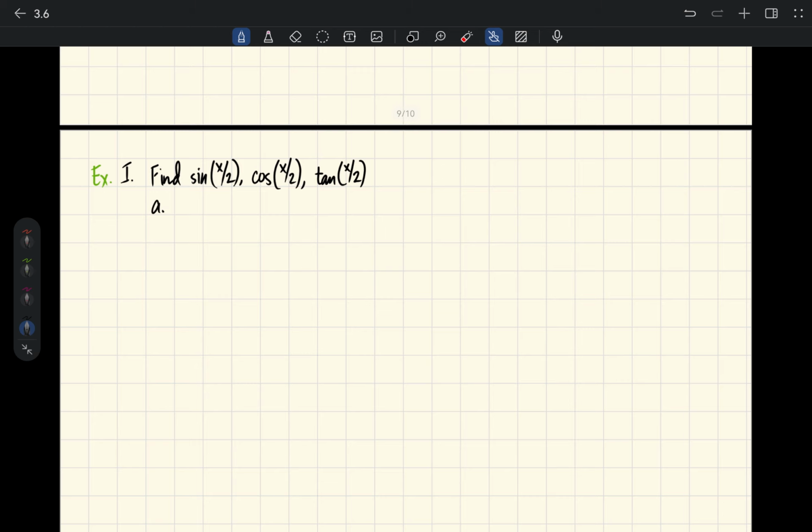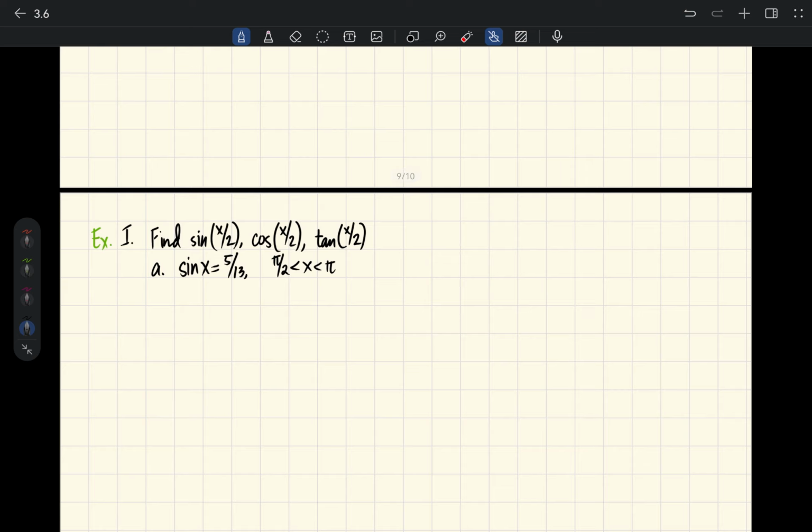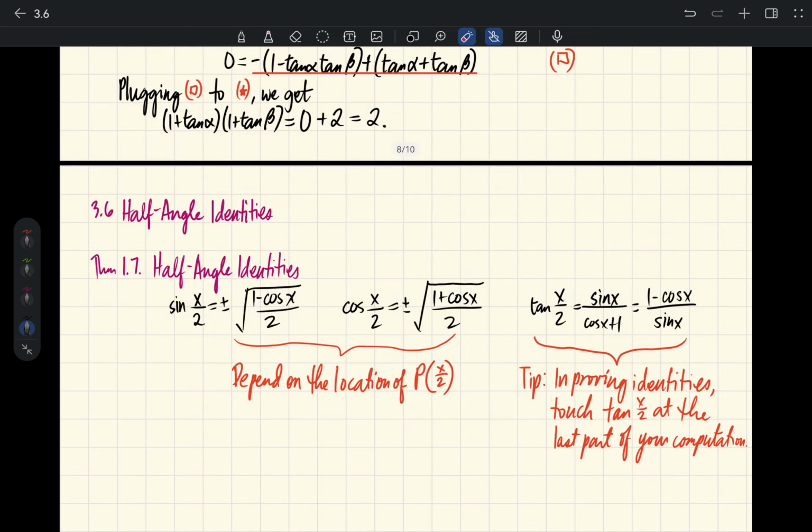Letter A, we have sine of x equals 5 over 13, where x is in between pi over 2 and pi.